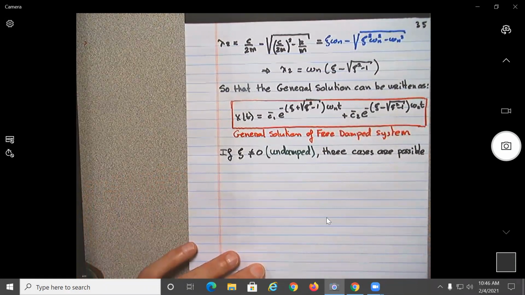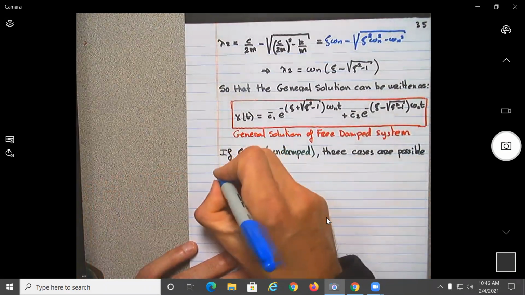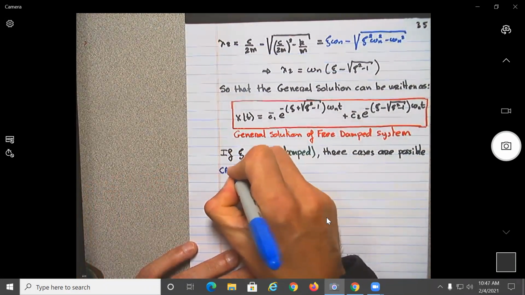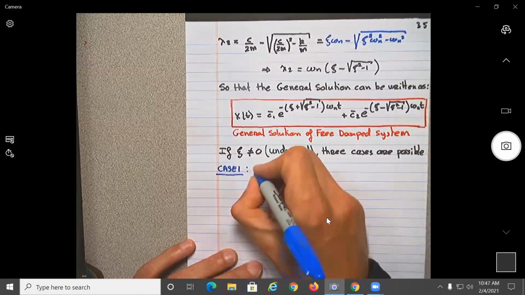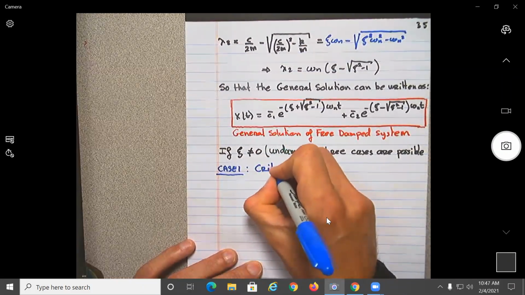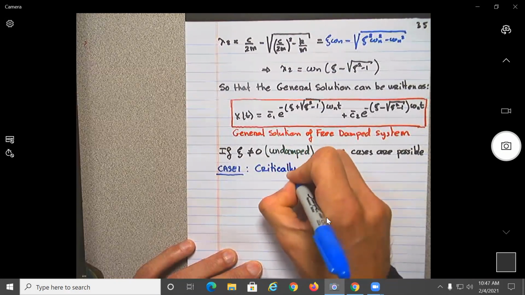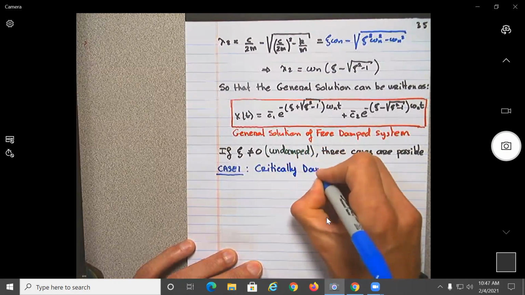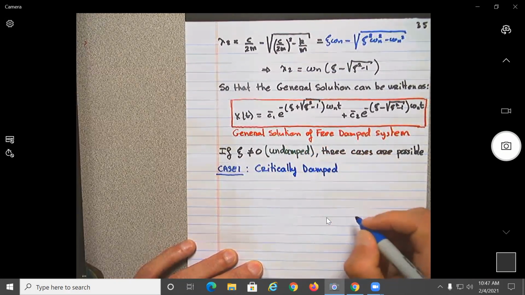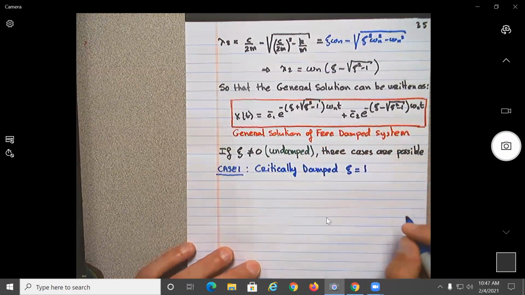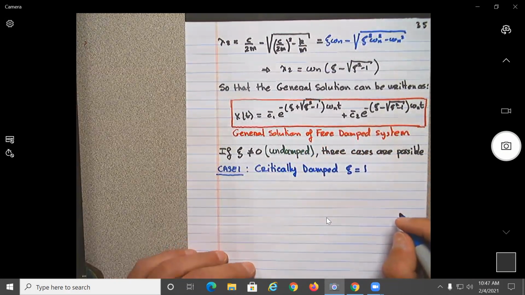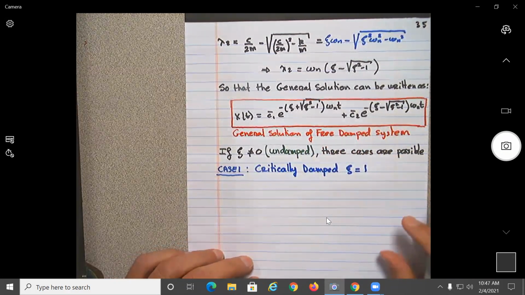So case one will be critically damped. That means when the damping ratio is equal to 1, which basically means 100%. It is the optimal value, the critical or optimal value.